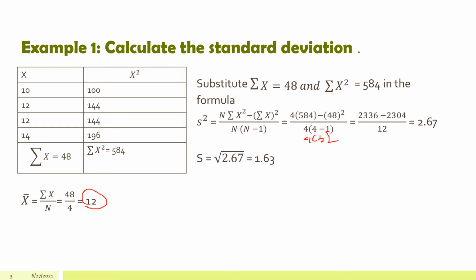Okay, so approximately the variance is 2.67. To get the standard deviation, just get the square root. The square root of that is about 1.63. Okay, next.